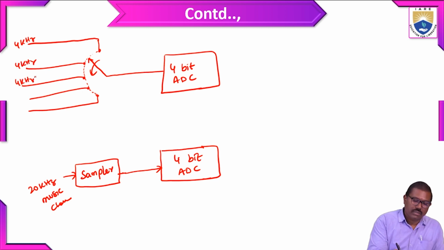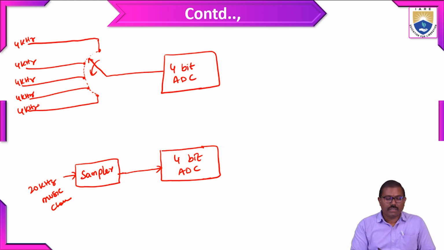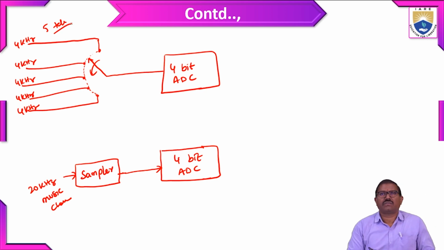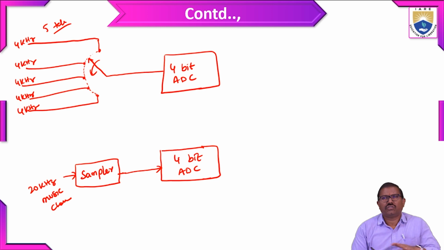This 4 kHz, this 4 kHz, and this also 4 kHz. Okay. So these are the 5 telephone channels. So 5 telephone channels and 1 music channel, so these 6 channels are going to be multiplexed.